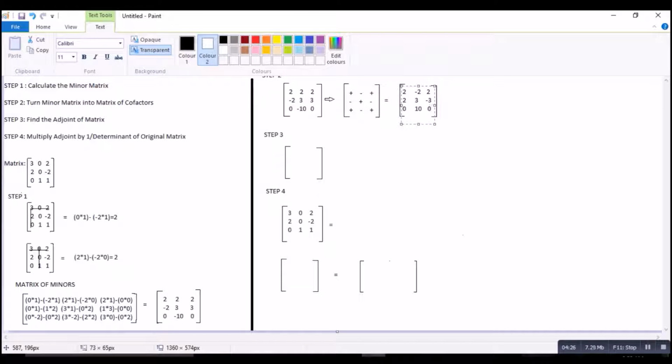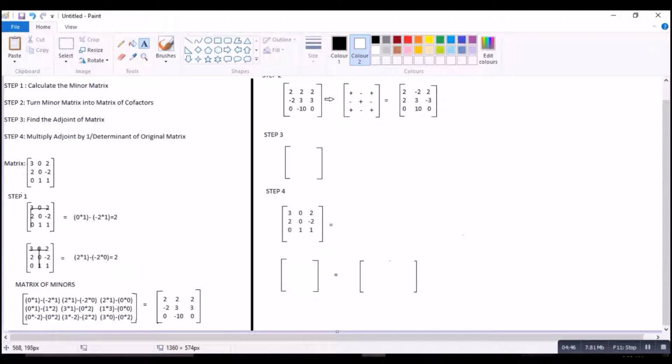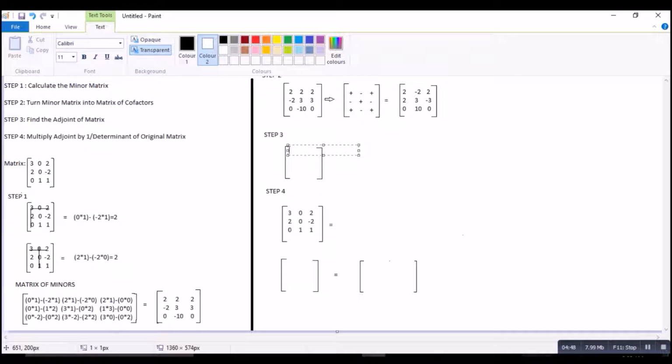Now in the third step, we will determine the adjoint of the above matrix. That is, we will take the transpose of the matrix of cofactors by converting rows into columns and vice versa. So, converting the first column into the first row, we get the values 2, 2, and 0, as you can see right on the screen.